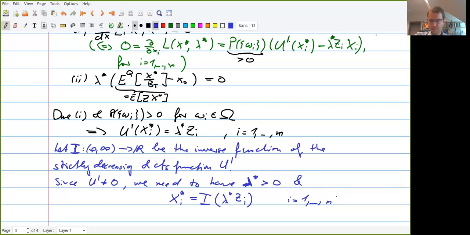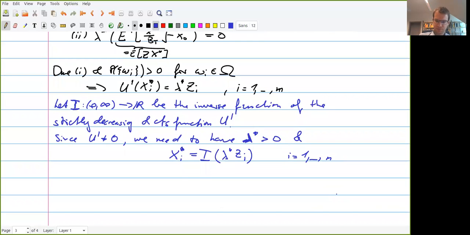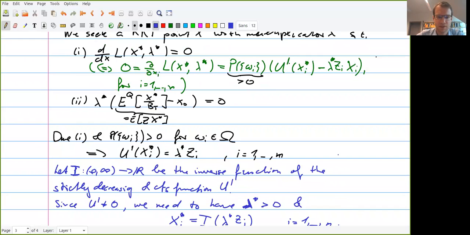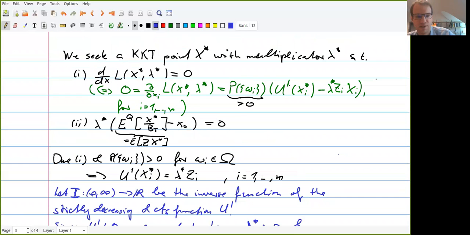Okay, so this is the equation I get from using the first condition.